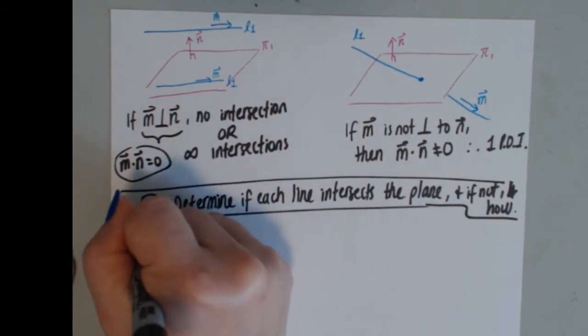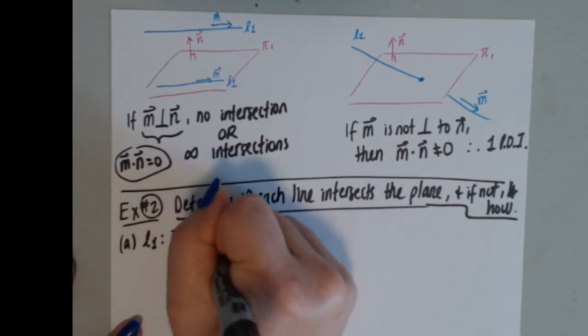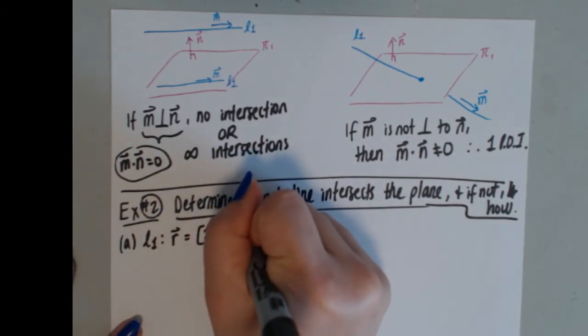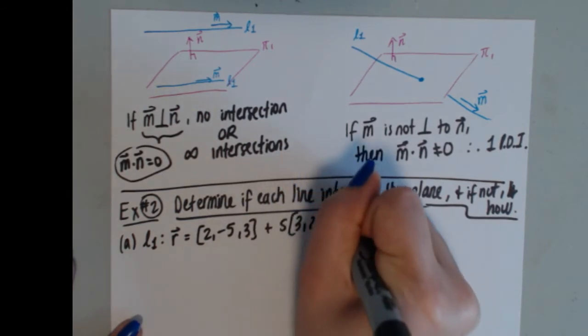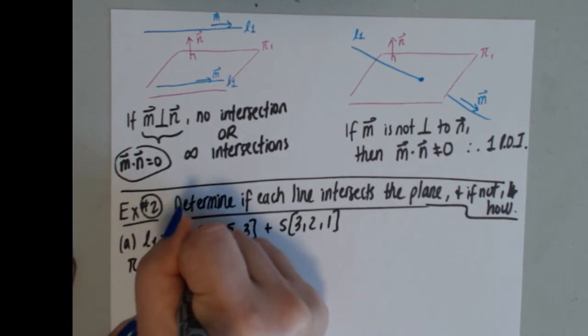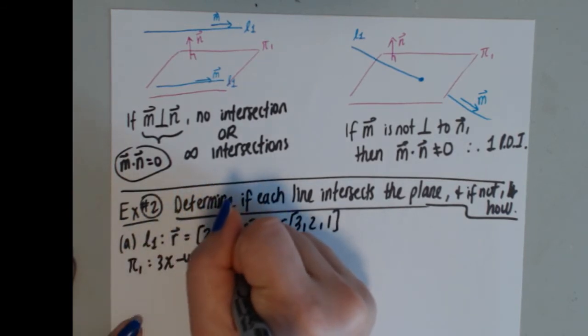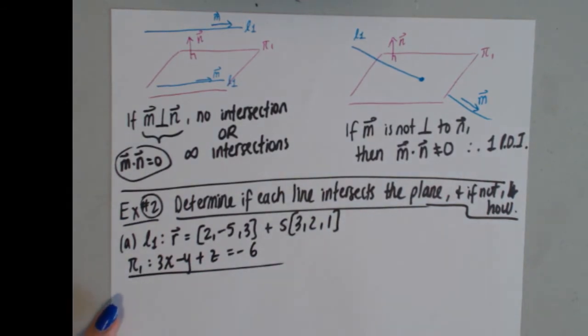All right, so for part A, the line L1 is given by the vector equation r equals (2, -5, 3) plus s(3, 2, 1), and the plane pi1 is 3x minus y plus z equals -6. The first thing I'm going to do is identify the direction vector of the line.